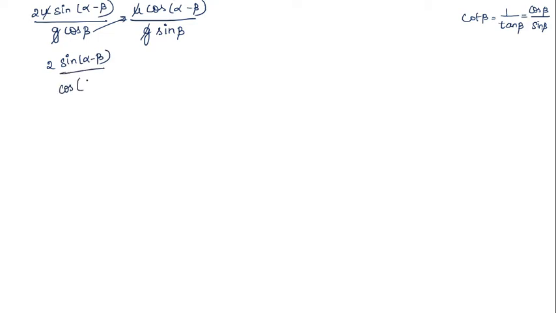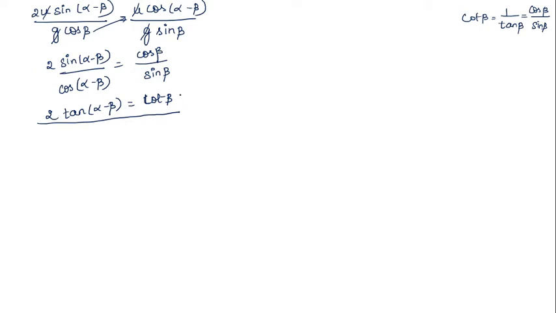So cos beta by sin beta equals 2 into sin alpha minus beta divided by cos alpha minus beta, which is tan alpha minus beta, equal to cot beta. This is what we have to prove, right? First proof. We proved the first one, that is cot beta is equal to 2 tan alpha minus beta. That's what we have proved, right?